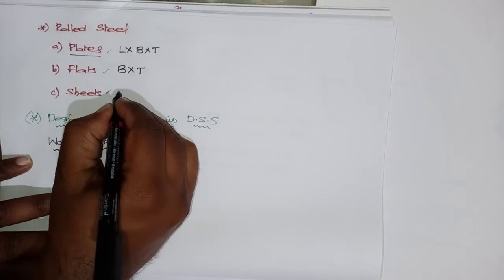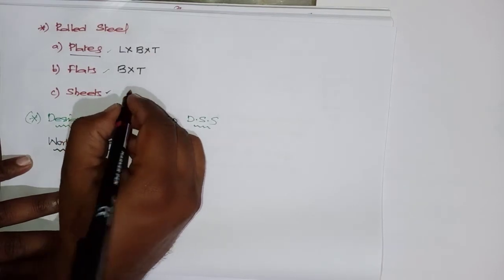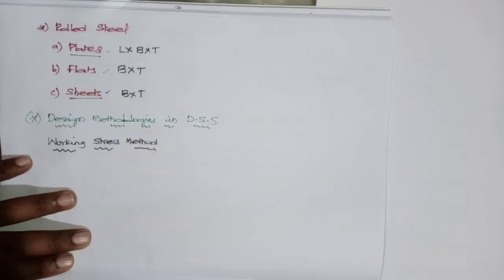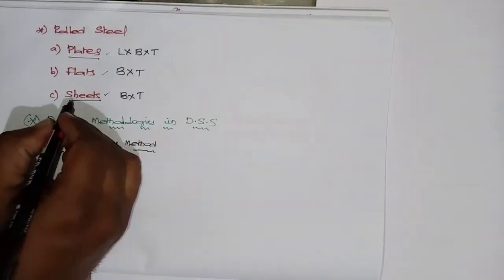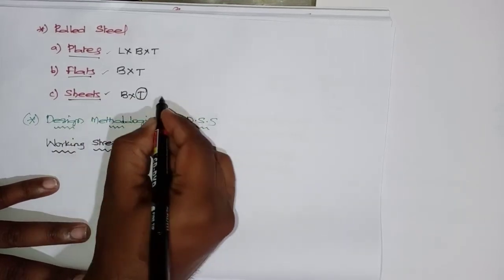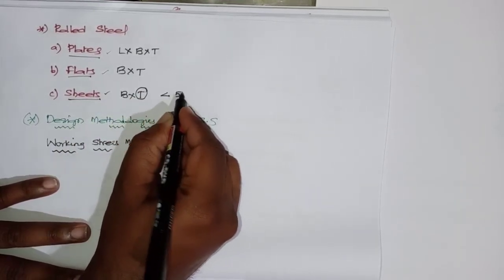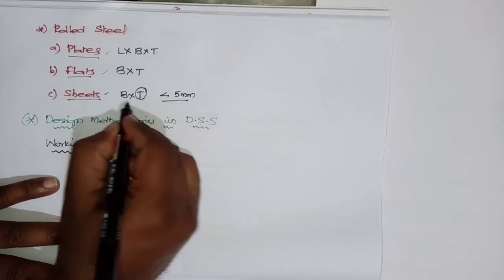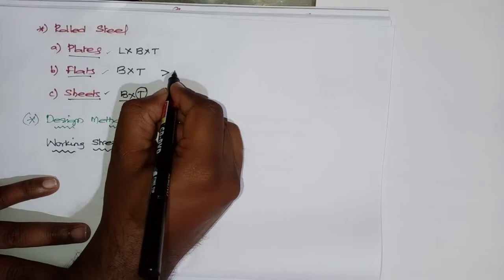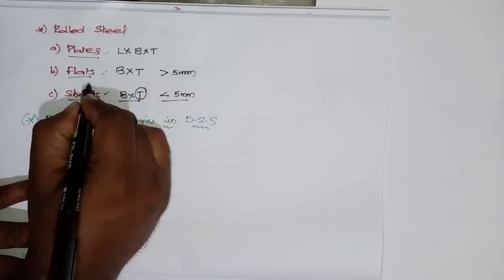Now, if a member whose width and thickness is considered, it is also called what? Sheet. But when do we call it a sheet and when a flat? If a member whose thickness is less than 5 mm, we call it a sheet. And if a member whose thickness is greater than 5 mm, we call it a flat.